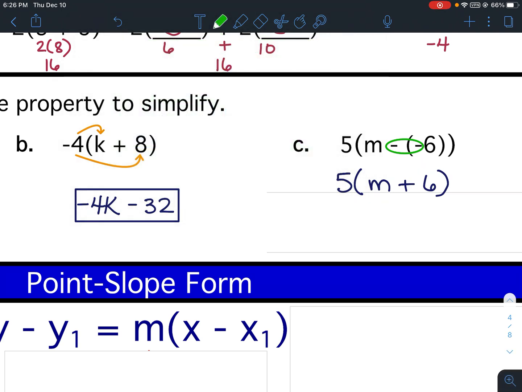Now I do the distributive property. 5 times m would give me 5m, and 5 times 6 would give me positive 30. So 5m plus 30 is my final answer.